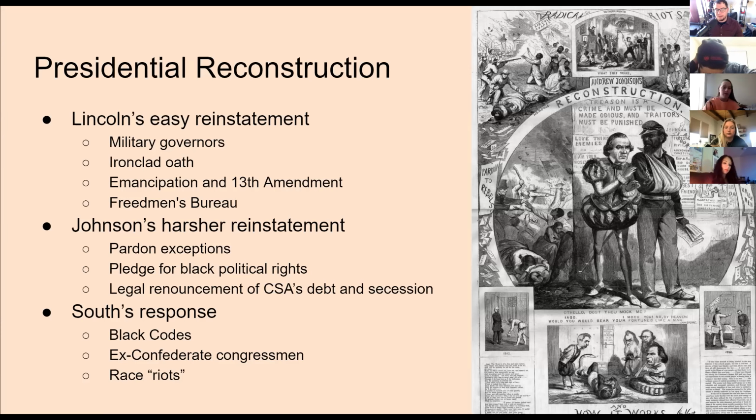The black codes would imprison people for vagrancy, and then use prison labor to sell out to plantations, and basically turn black people into slaves virtually, so that they had no right to be free. They couldn't choose to not work, and they would be punished for not doing so.